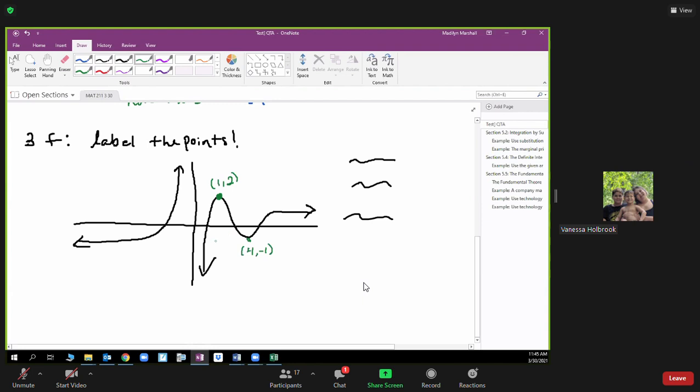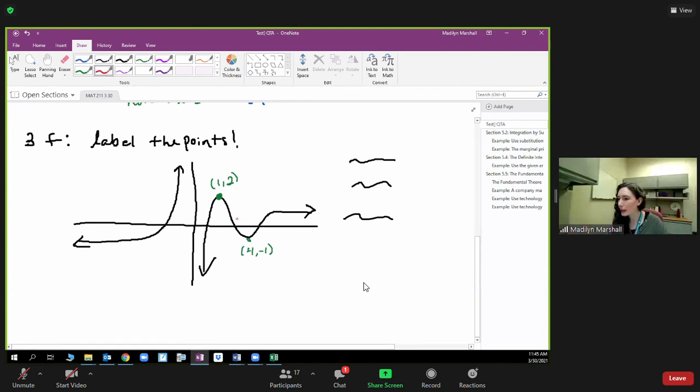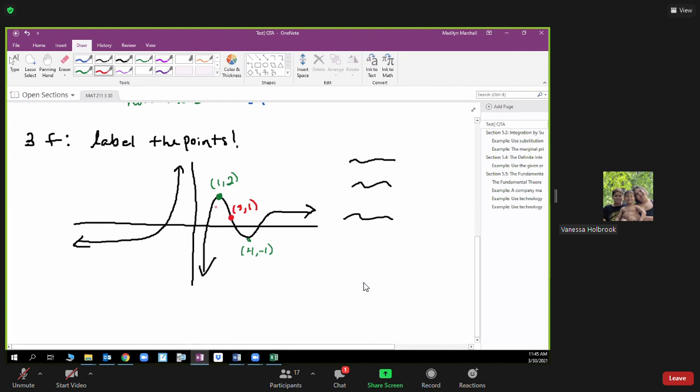Since those are local extrema, and any inflection point, which would be something like this, that should also be labeled. I'm just making up random numbers here, but all I'm saying is that you should put a little dot and label the coordinates so I can see that you are taking your information from this first part and putting it onto the graph.